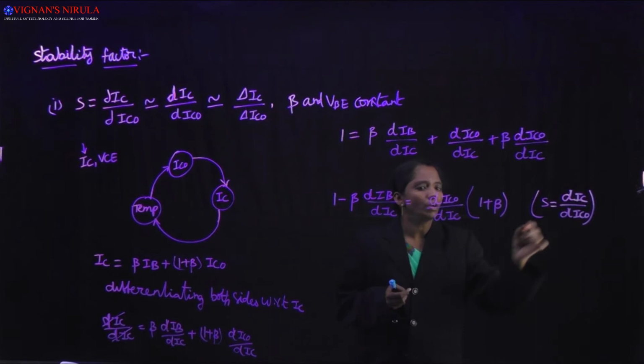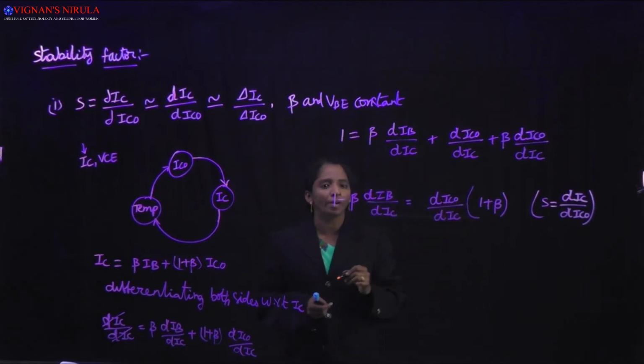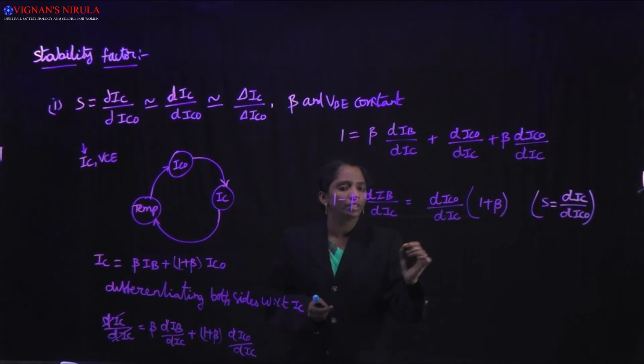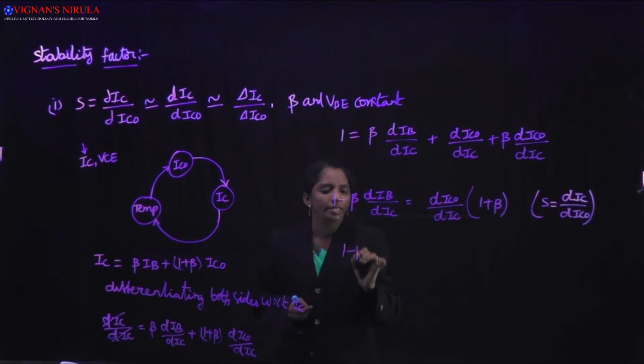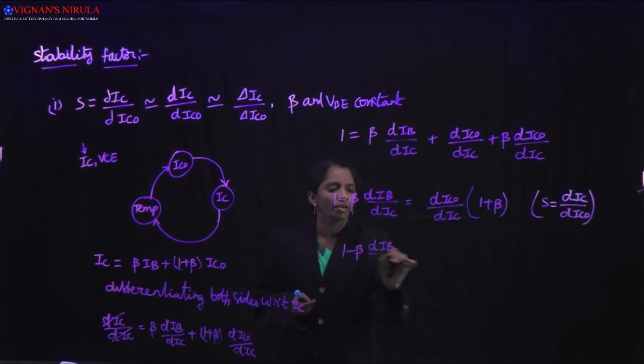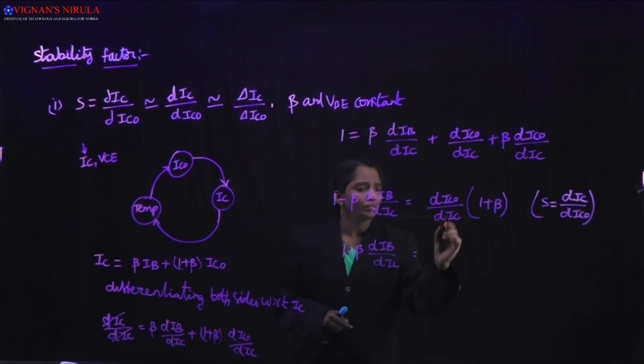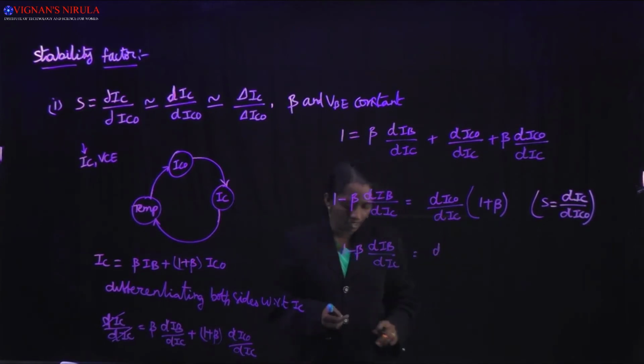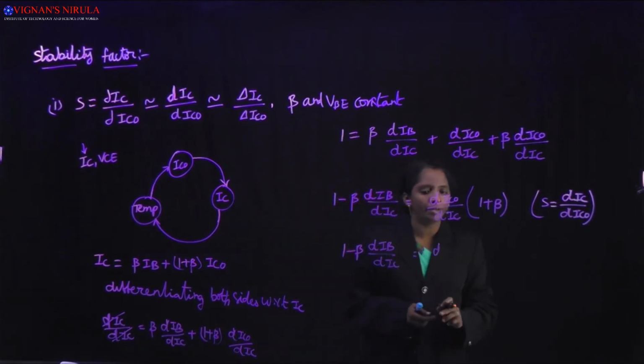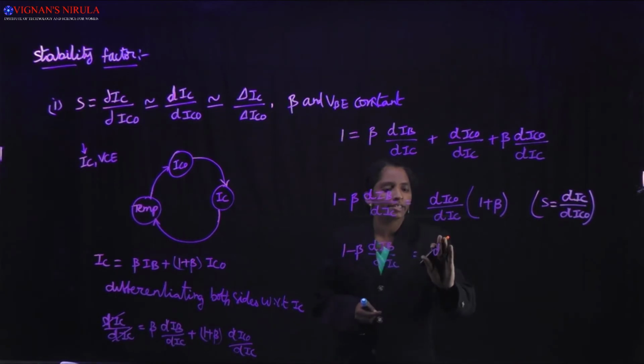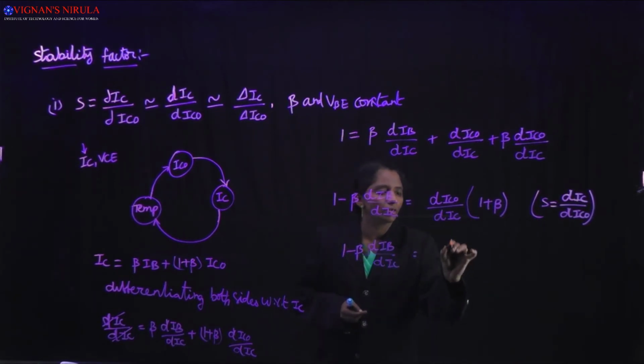So dICO divided by dIC equals (1 minus beta into dIB divided by dIC) divided by (1 plus beta).